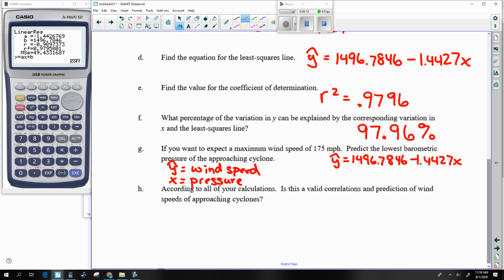Here they said the wind speed is 175 miles an hour. That is a Y variable then.